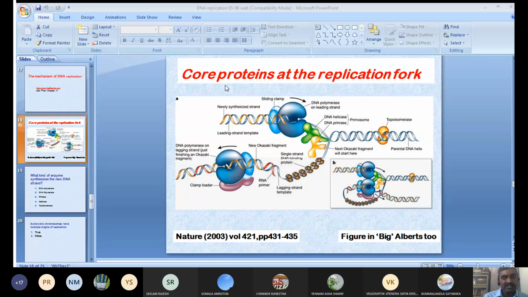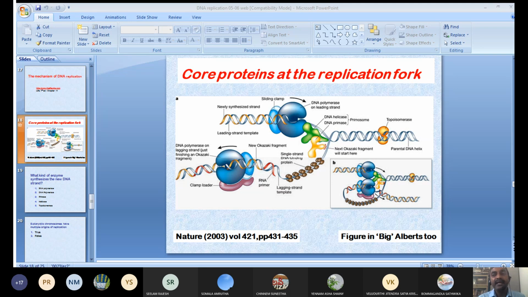And the sliding clamp is one of the different parts present in the DNA polymerase. I told you it has 12 types of proteins, but the total is 16 proteins that we can see.